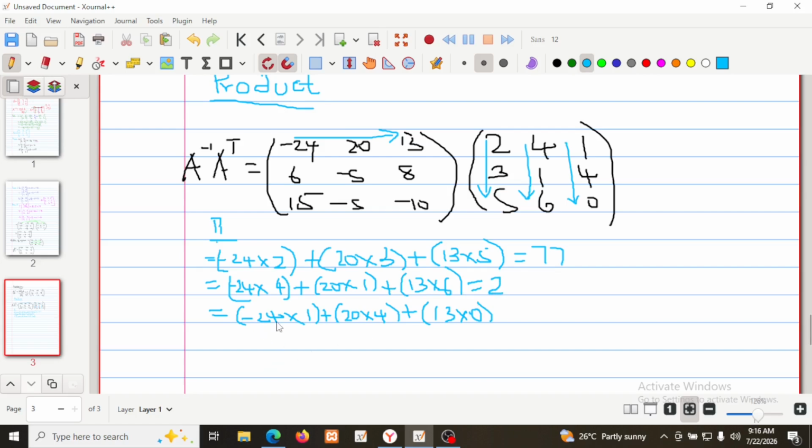Then negative 24 times 1 plus this will give you 56. So we have completed the first row and all the columns. We get to the second row and all the columns.